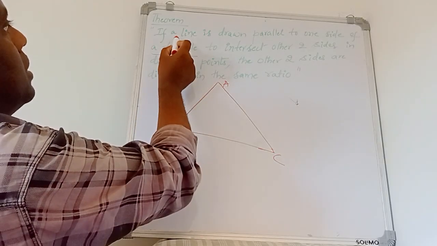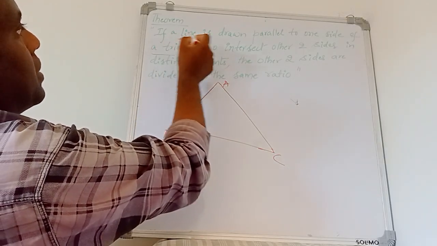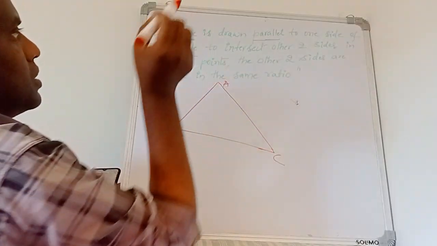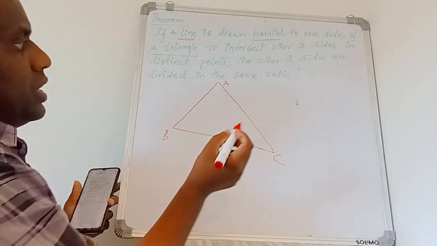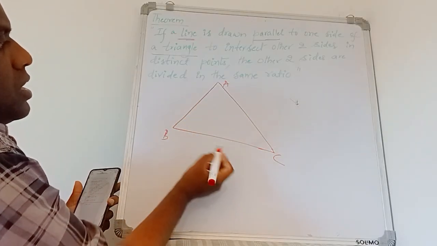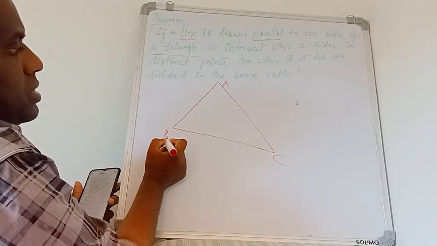They are telling a line is drawn parallel to one side of a triangle. That means you take any one side. We have three sides. I will consider this side BC.